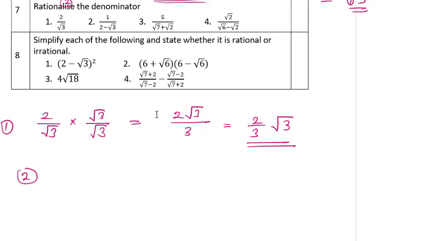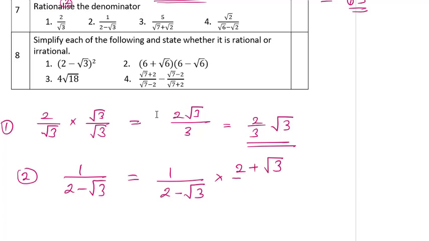The second question is 1 upon 2 minus root 3. Here again I have to rationalize the denominator. So what will we do? We are going to use the formula: a minus b into a plus b is a square minus b square. So here I will multiply this whole term by 2 plus root 3 and divide by 2 plus root 3.